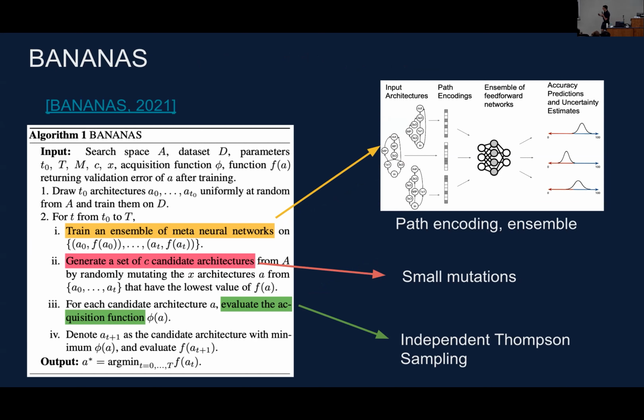So the result, at least for NASBench 101 and 201, was use of path encoding with an ensemble of neural networks, and create a set of candidates by mutating the best architectures we found so far, and then use independent Thompson sampling as the acquisition function. Okay, and this created the BANANAS algorithm.